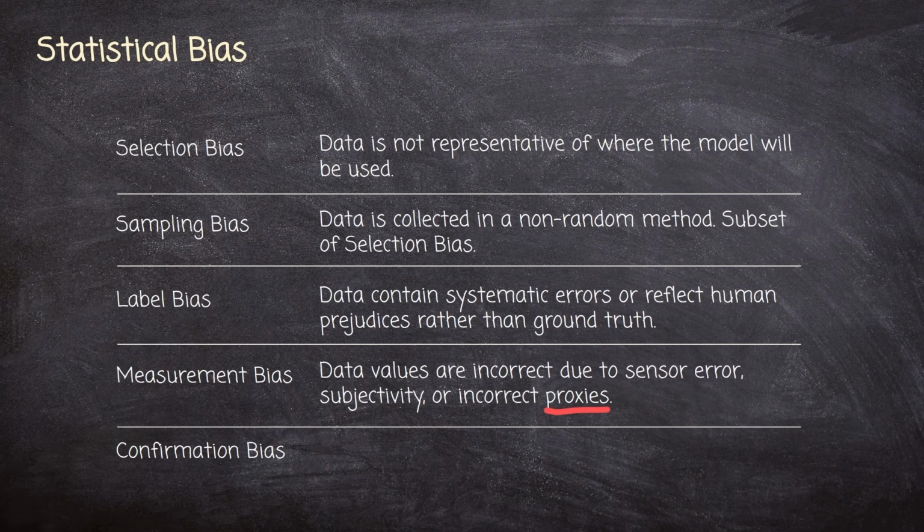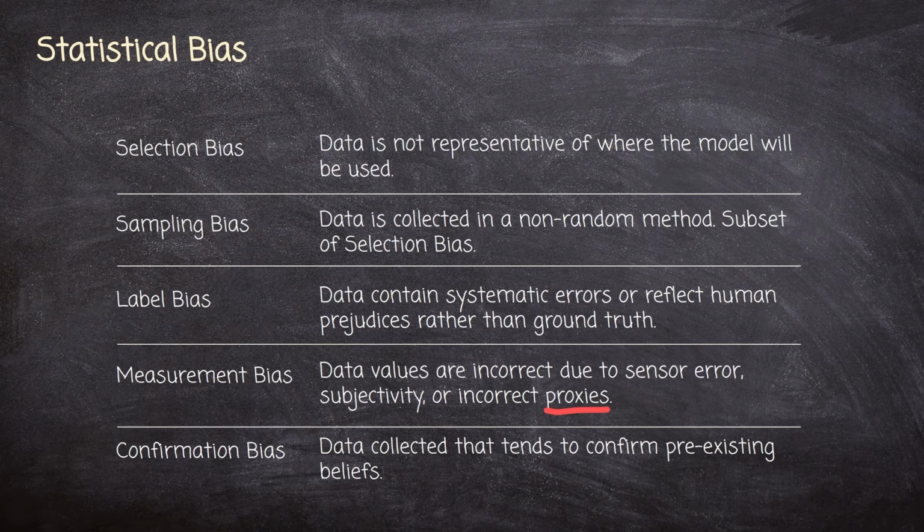Then finally, we have confirmation bias. That just means that we tend to believe the things that we already believe in, or we gravitate towards those things that agree with our own beliefs. And that can be done in what data we select, what summarization we give to the results of the model, how we interpret things.